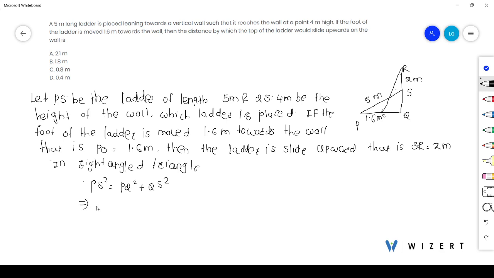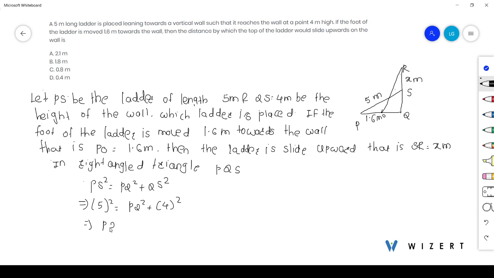So substituting values here, PS square means 5 square equals PQ square plus QS is 4 meters, so it is 4 square.